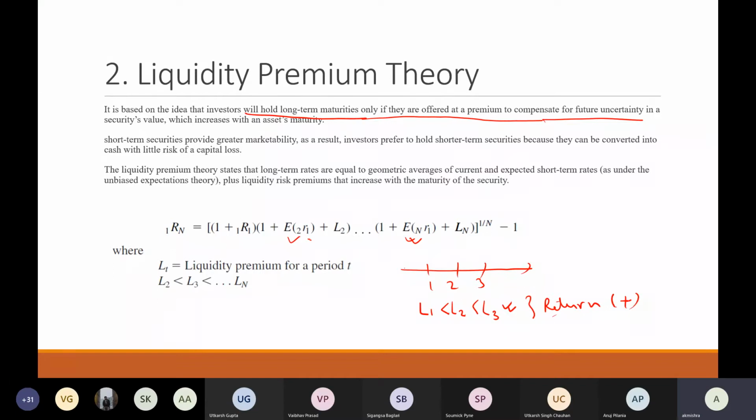So what this theory is saying is that when investors invest for a long duration, they expect some kind of premium, and this premium has a tendency: as the maturity period of the instrument increases, they will demand a higher liquidity premium.